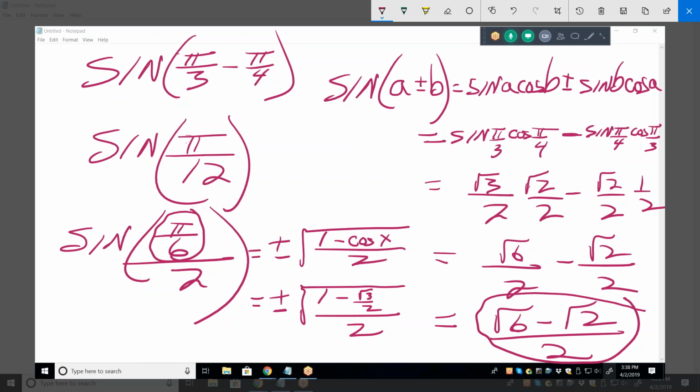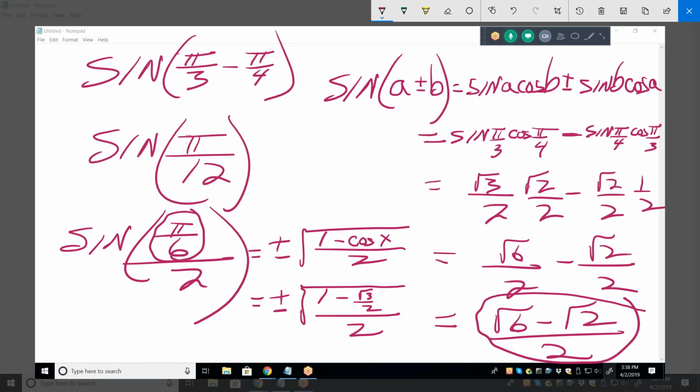And before we go to the next step, this is going to give us the answer down here, I think. I'll have to think about that in a second. But first of all, let's talk about the plus or minus. Which is it?